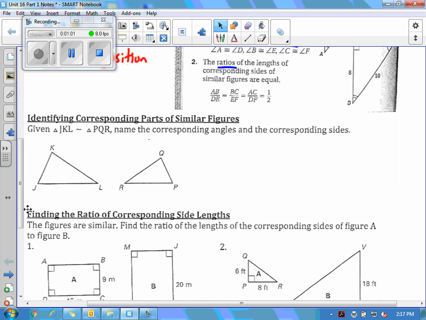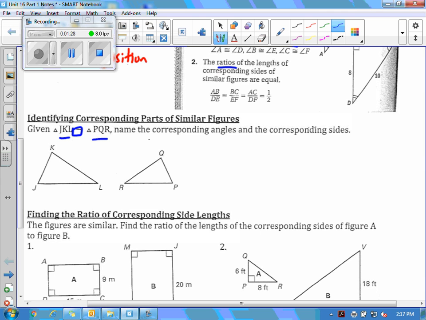So what we're going to look at first is identifying corresponding parts of similar figures. So it says given triangle JKL is similar, and this little symbol right here means similar to, triangle PQR. Name the corresponding angles and corresponding sides. So what I want you to notice is that the order that the letters go, JKL, matches up with PQR.